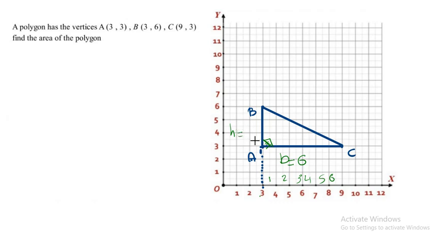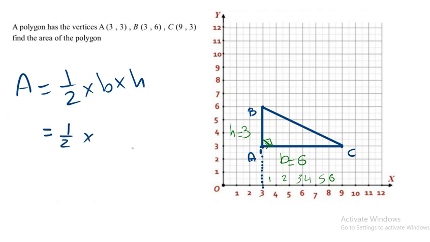The height H equals from point A to point B, from floor 3 to floor 6. We move 3 units. Then the area of the triangle equals half times base times height, equals half times 6 times 3, equals 9 square units.